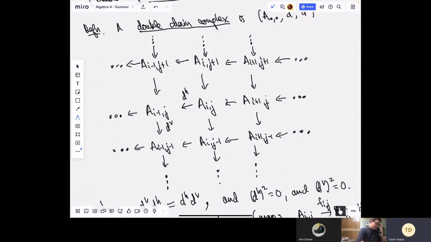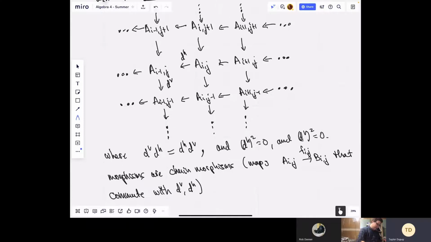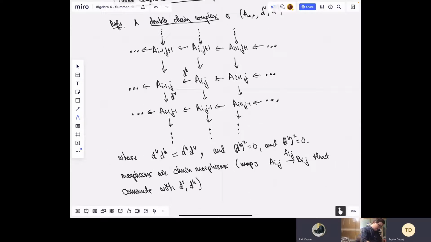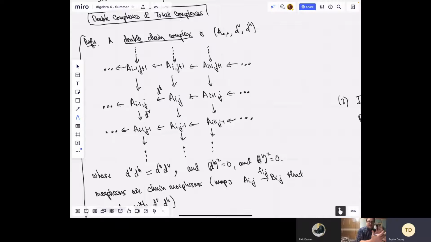It's just like a chain complex, except you have it two ways. You could do a 3D version of this. If you were to draw out the B_ij's and draw the maps, you'd have a big lattice thing. It'd be a 3D thing. Yeah, that's correct.